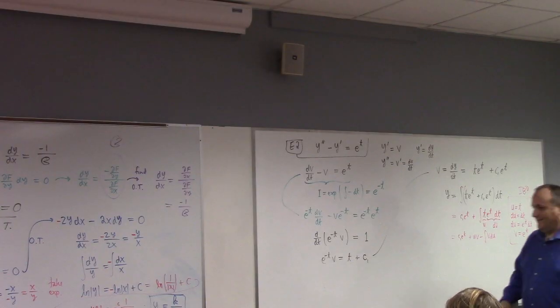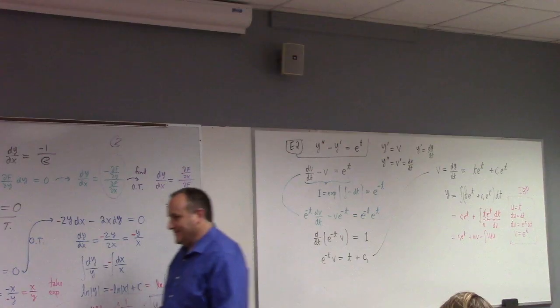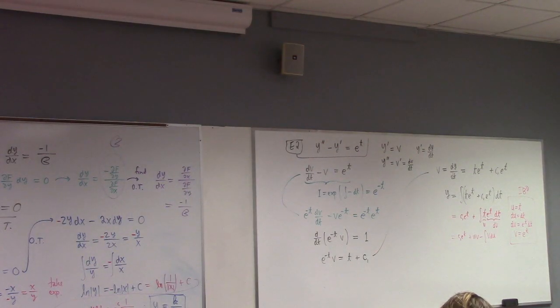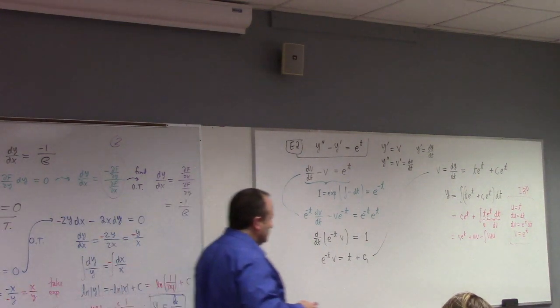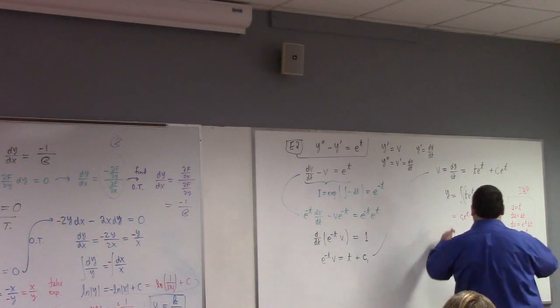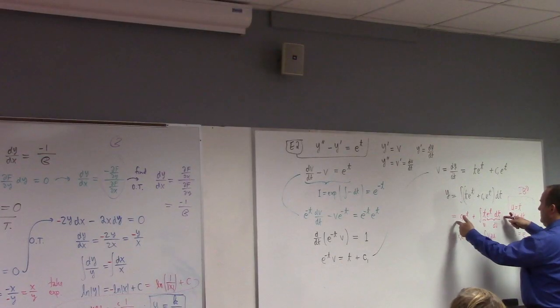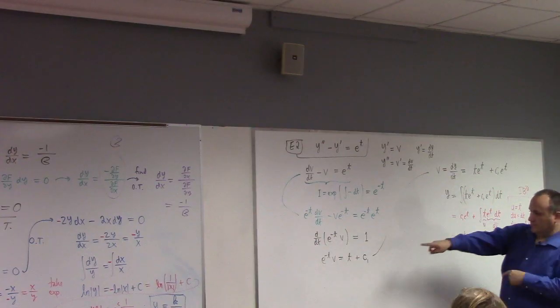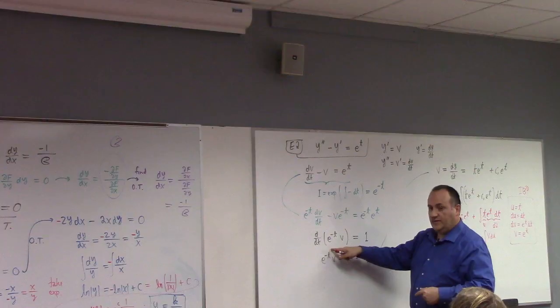Double bank shot. That feels right. Yes, sir. Uh-oh, what'd I do? Fourth line? Going from e to negative t dv/dt over dt? This to here? Oh, that's the product rule.